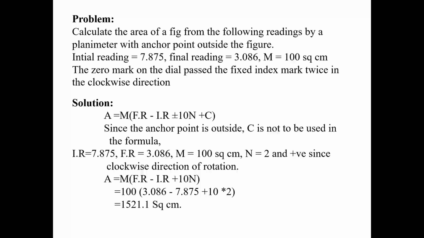The solution: the formula is A equals M into (final reading minus initial reading) plus or minus 10n plus C. Here the anchor point is outside, so C does not exist in the formula.